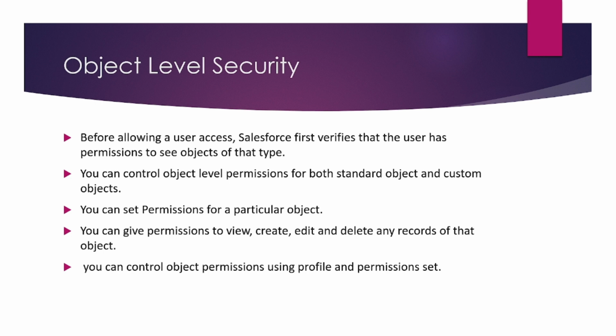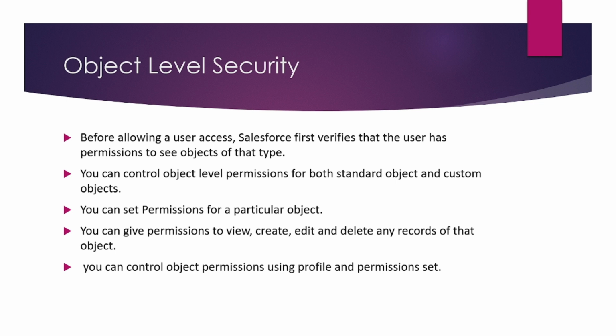Before allowing a user access, Salesforce first verifies that the user has permission to see objects of that type. Salesforce first wants to understand whether that particular user has access to see that object. We can control object level permission for both standard and custom objects. We can set permissions for a single, particular object.